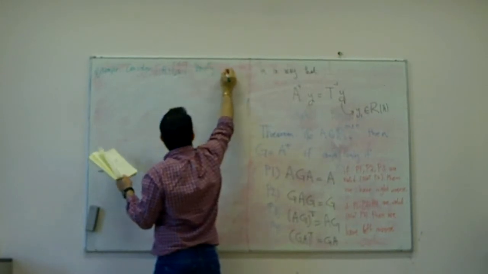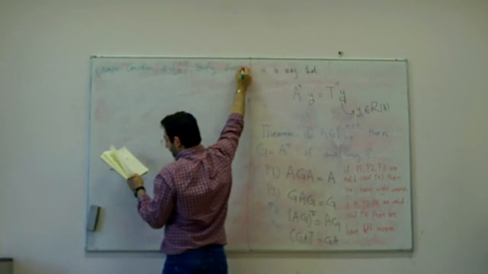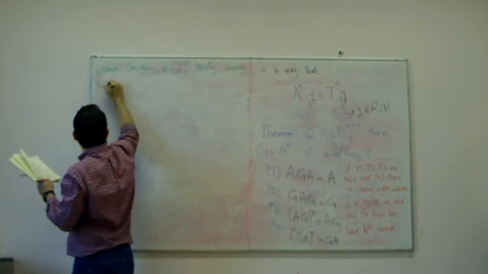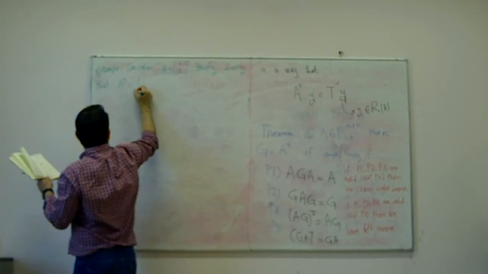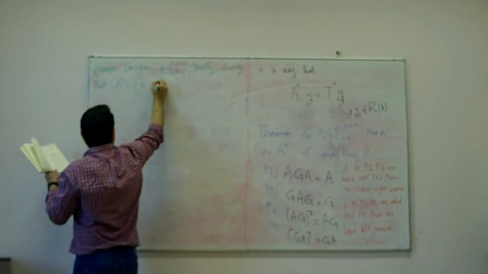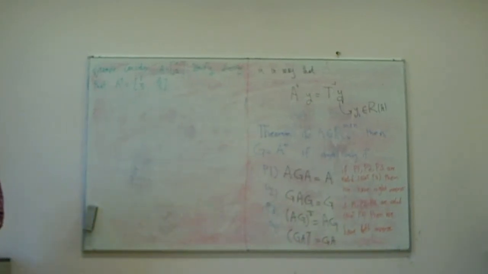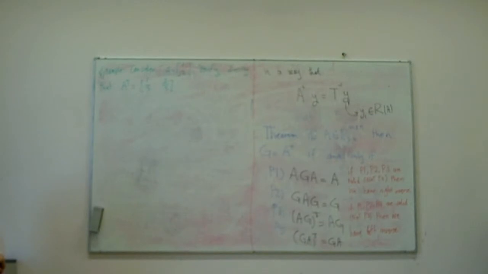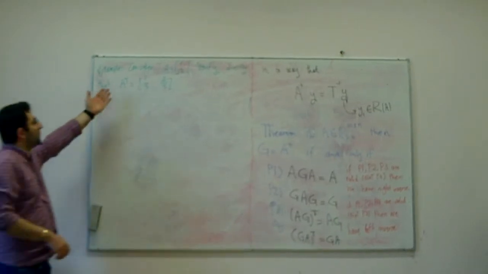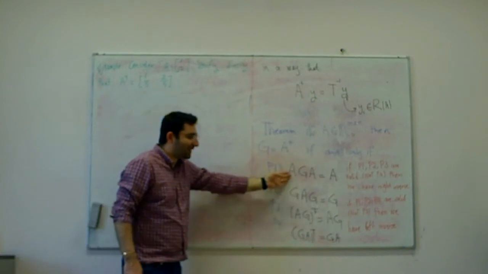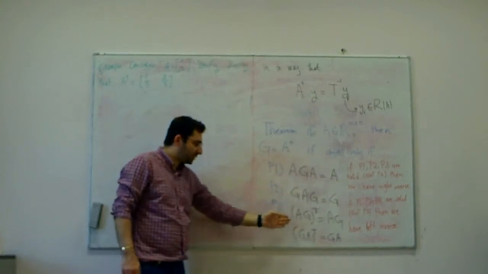Verify directly that A plus is equal to 1 over 5 and 2 over 5. How can we verify it? You have to say that this is my G. You have to say that this is true, this is true, this is true. We know what A is. We know what G is. You just put them in and you calculate it.